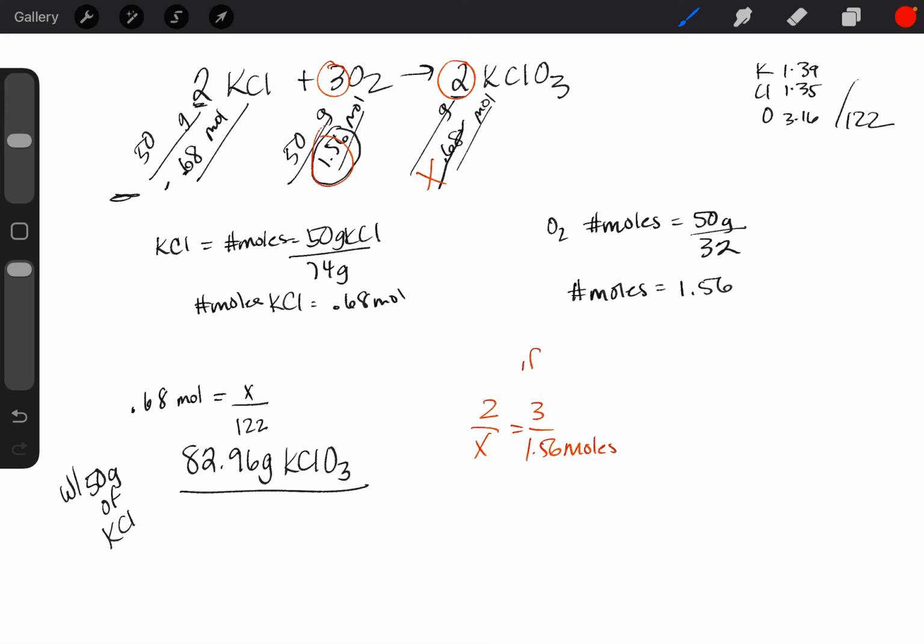So this is if I use 50 grams of O2. And when I multiply that out, I get 1.04.